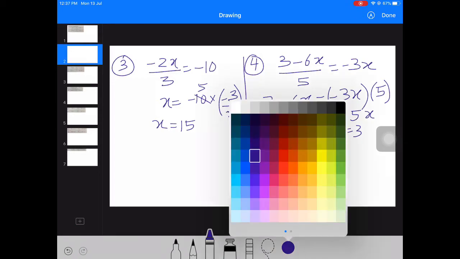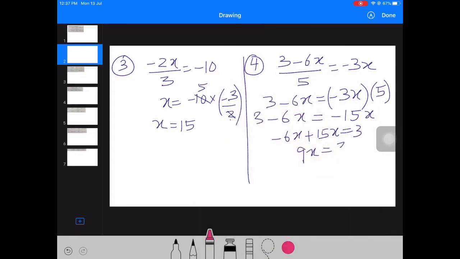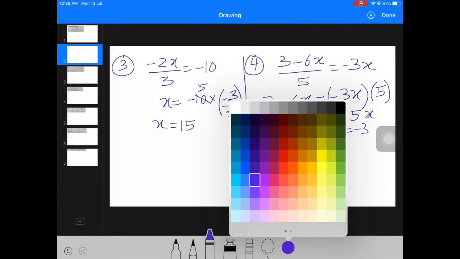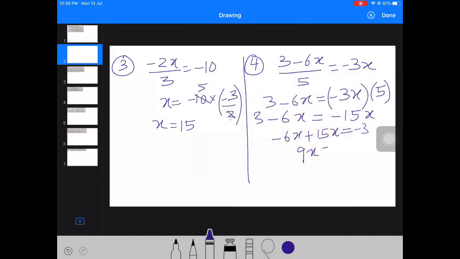Equals negative 3, so x equals negative 3 over 9 or negative 1 over 3.